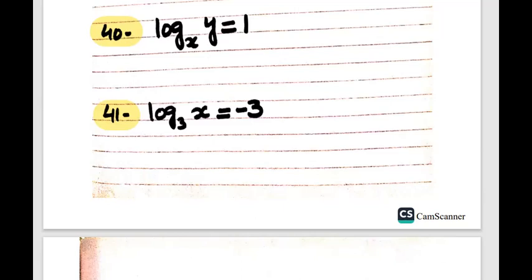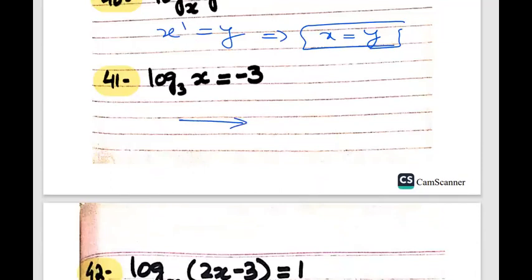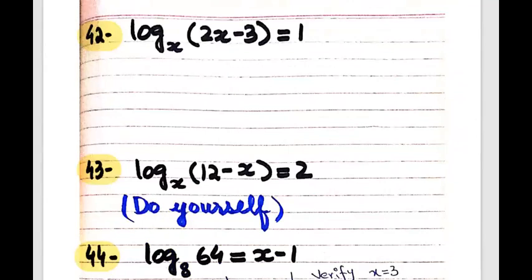Simply convert it into exponential form, which is x raised to power 1 is y. So x is basically y. So the value of x is y, simply y. Now I think you can solve question number 41, 42.